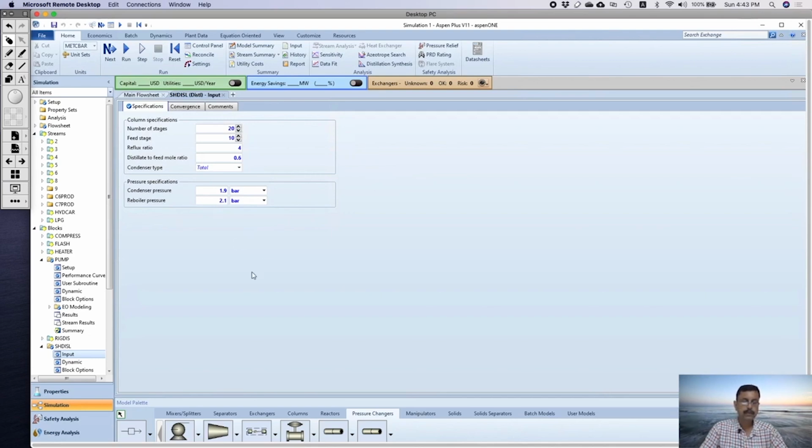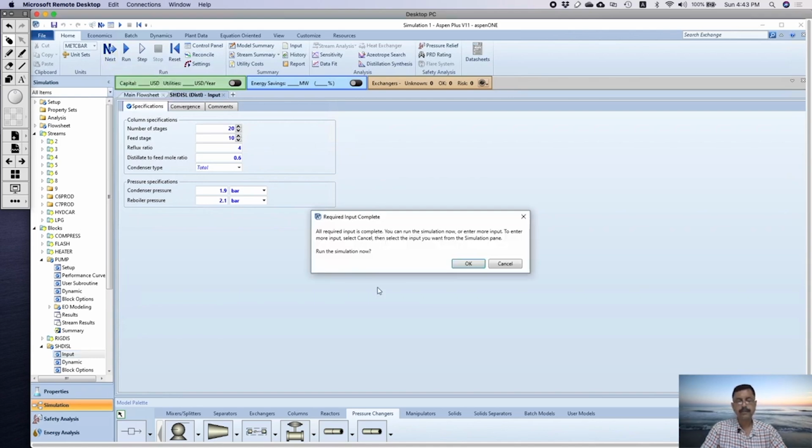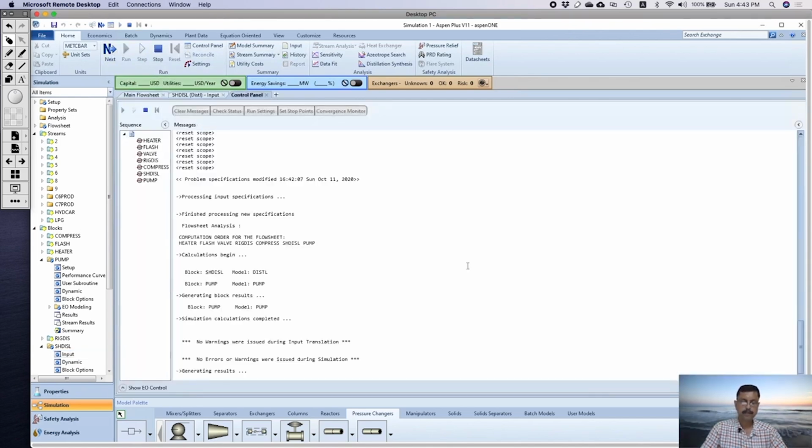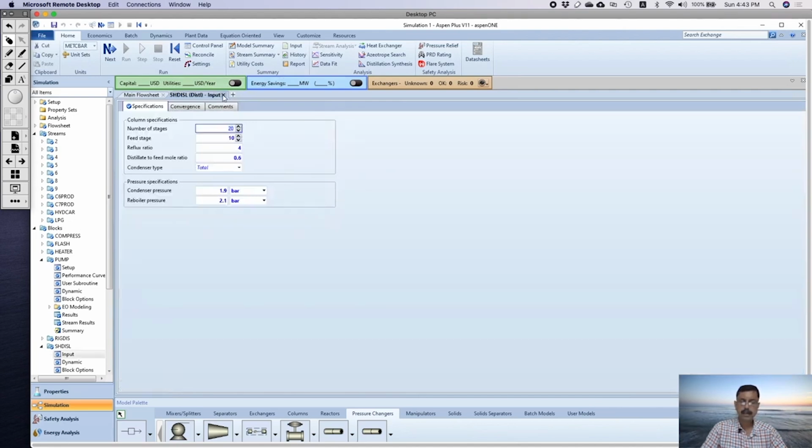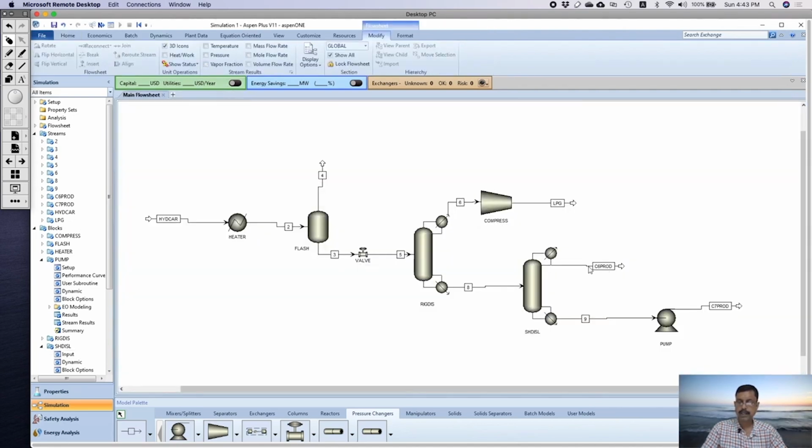So our specifications are done. So it is ready to run the simulation. Again, there is no error and warning. We can check now the output. What is the specification of C7 product?